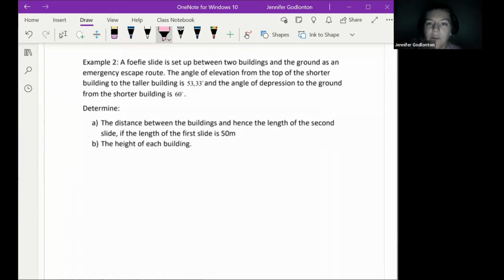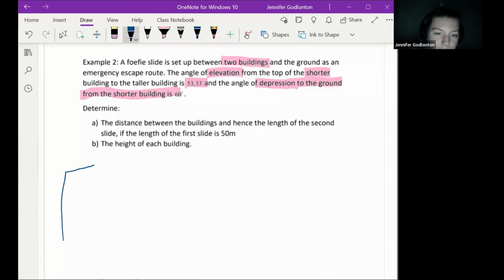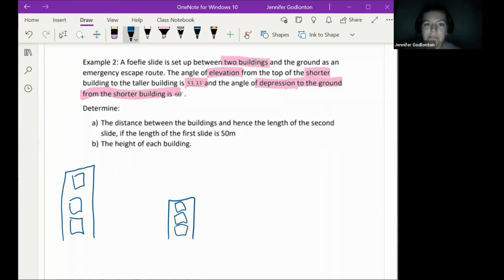So the first thing is we've got two buildings and we're trying to get to the bottom. Then we've got the angle of elevation from the top of the shorter building to the taller building, which is 53.33, and the angle of depression to the ground from the shorter building is 60 degrees. Let's draw this out. We've got a tall building and a short building. These are my buildings. This foofy slide or zip line is set up between these two buildings.